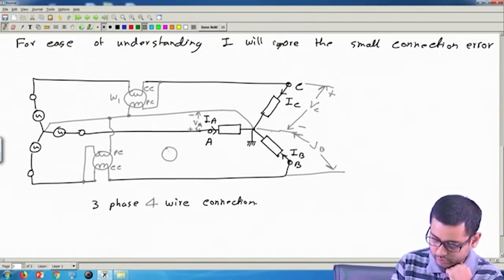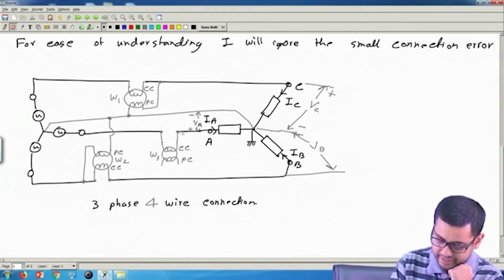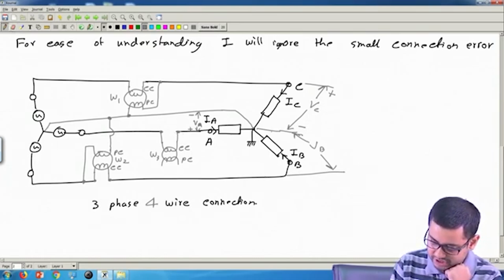Okay, so now similarly I want to measure the power in this A phase. So let's take another wattmeter, call this one W3. Okay, so another wattmeter, this is current coil, let this be the pressure coil, this is W3. Now the current coil I will insert in series to measure the current IA, and this I will insert in parallel.